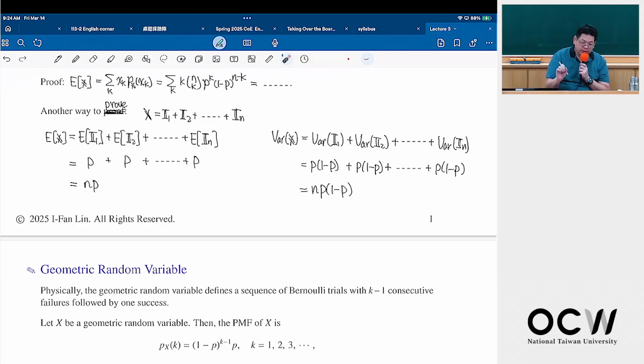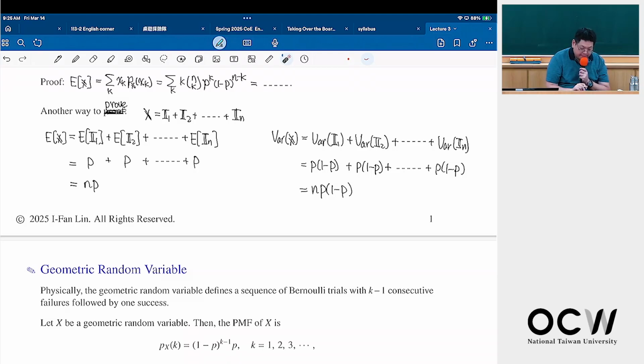If it is not head, then I keep continuing to throw the coin until I get the head. So the k minus 1 times it is tail, and the last one is head. So this PMF is easier to interpret and remember. Okay, k minus 1 is failure, and then the kth time, so that will be p.